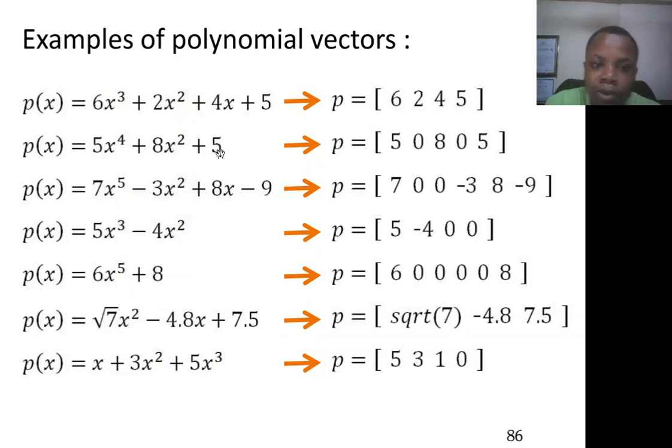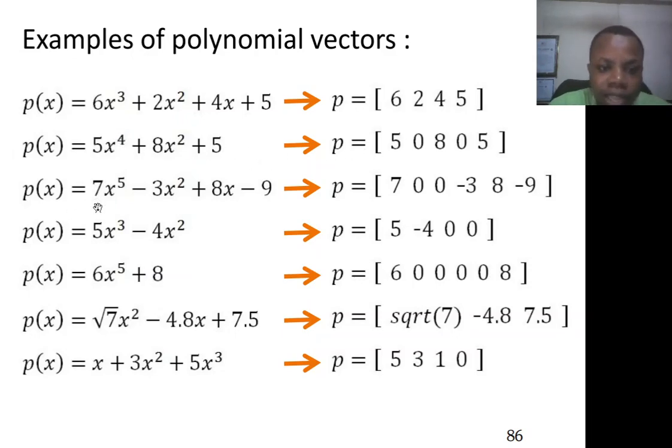So this 5 happens to be the constant term. Because we don't have any x term in here, this place will be designated as 0. Now we do have the x squared, order of 2, coefficient to be 8, and that is what we have here. For the order of 3, we don't have any, so it is represented by 0, and the last one is represented by the coefficient, which is 5.